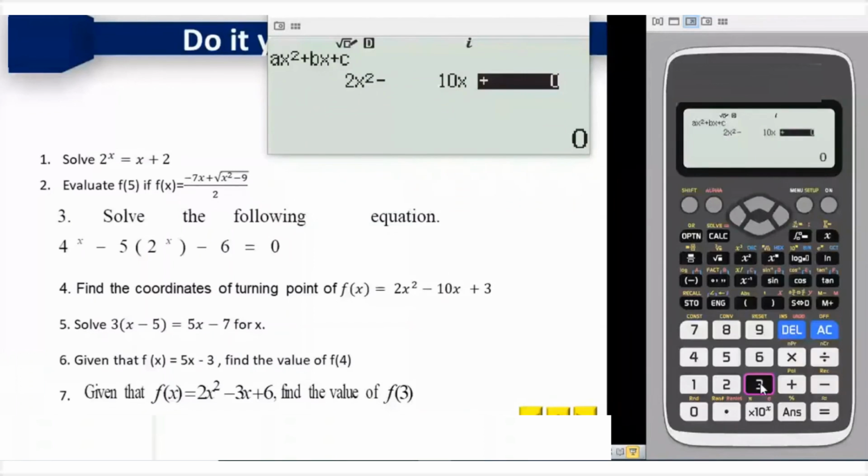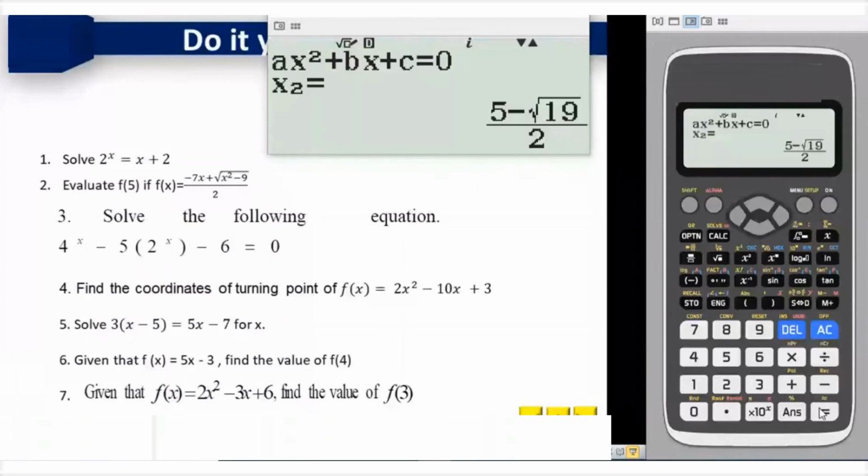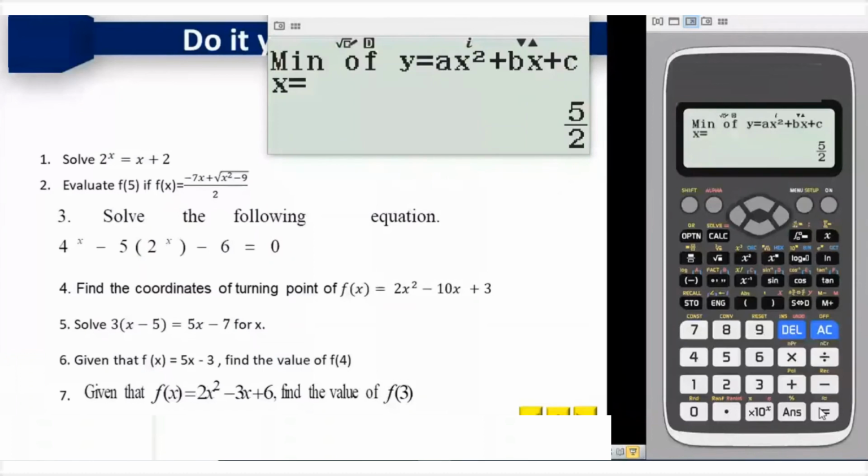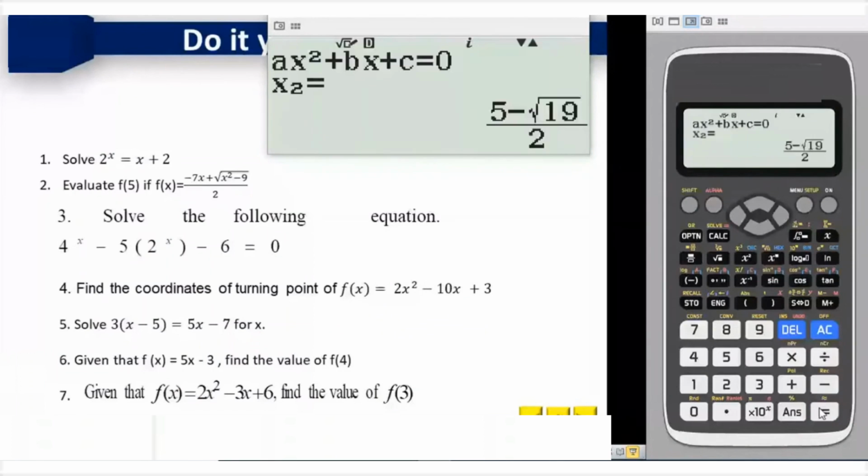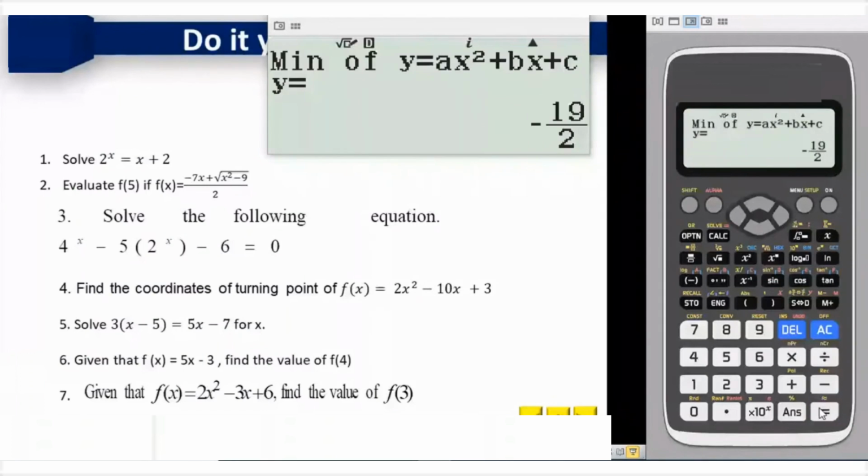When I press equals, this is the first x intercept, this is the x coordinate of the turning point, and this is the y coordinate of the turning point. This was a trick question to make sure that you recall the previous episodes. So the turning point is 5/2 and minus 19/2.